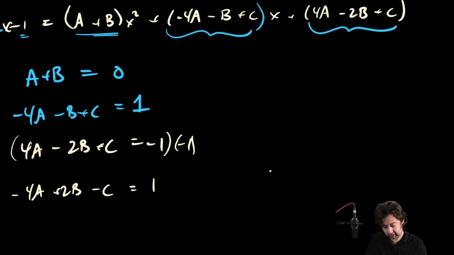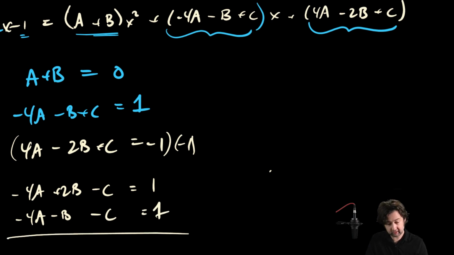And I want to add that to the equation minus 4a minus b plus c is equal to 1. If I add, I'm going to get minus 8a plus b is equal to 2.